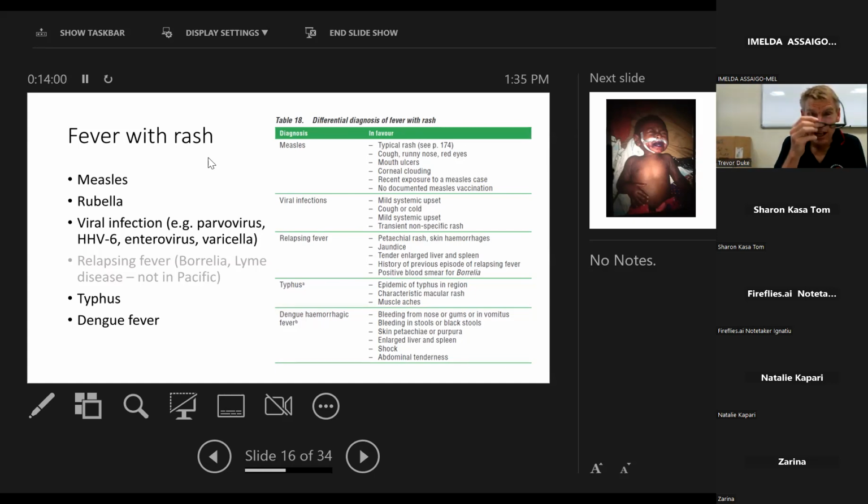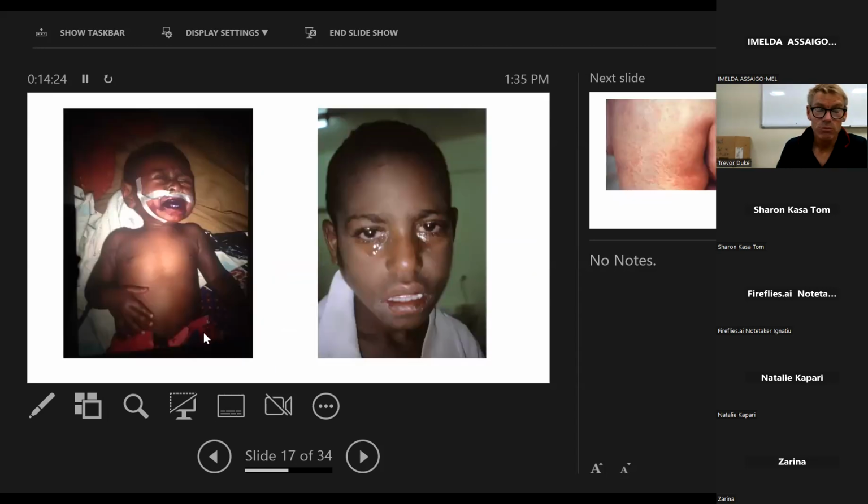And then there's HHV6, which also gives you a rash, a common cause of fever, also a rash. And enterovirus, varicella, chickenpox, you've seen the rash of that. And then there's another condition called typhus. We think of typhoid, but typhus is quite common in PNG, very well described. And dengue fever can cause a rash as well. So what's this?